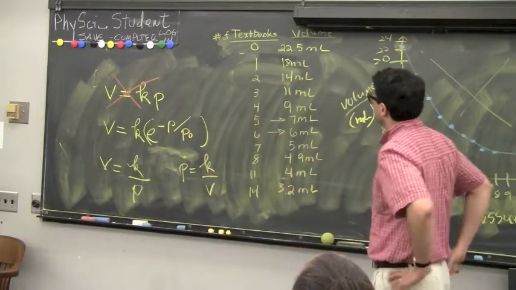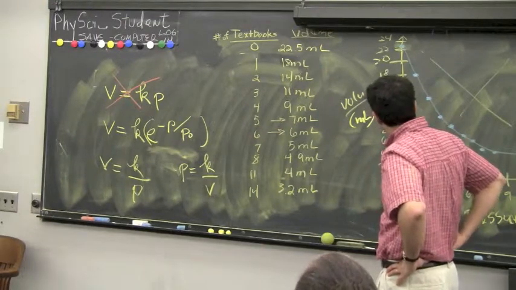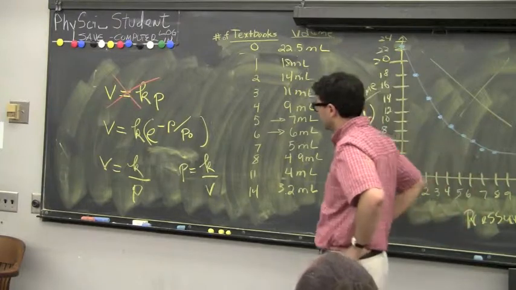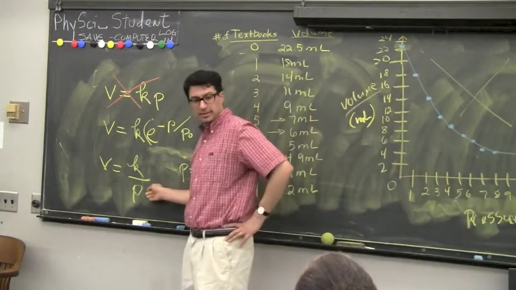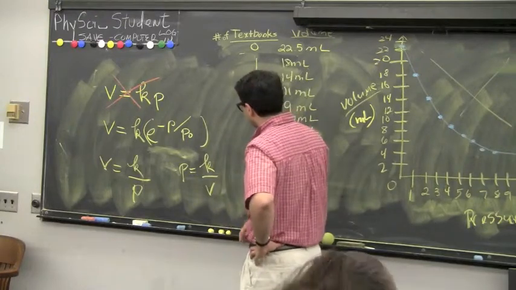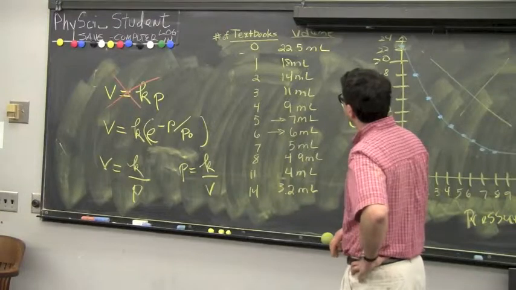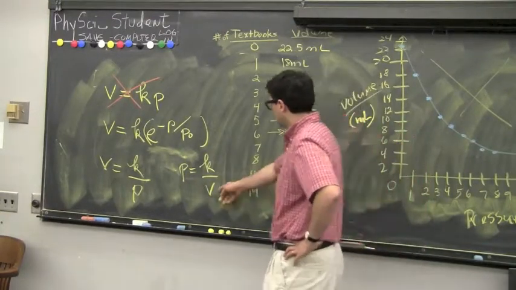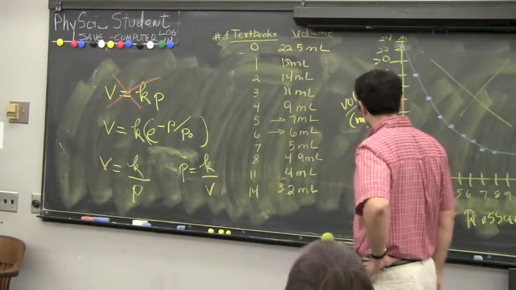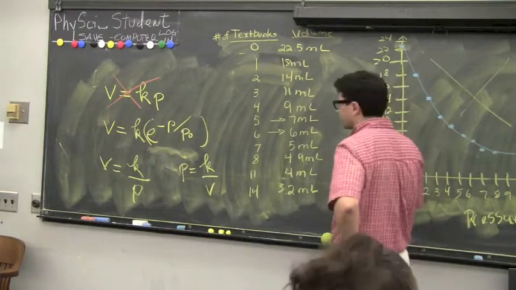So let's try it. Which one do you want to do? We could try either one. Oh, they're the same. Let's do 1 over V. So what I need, can I take away this?